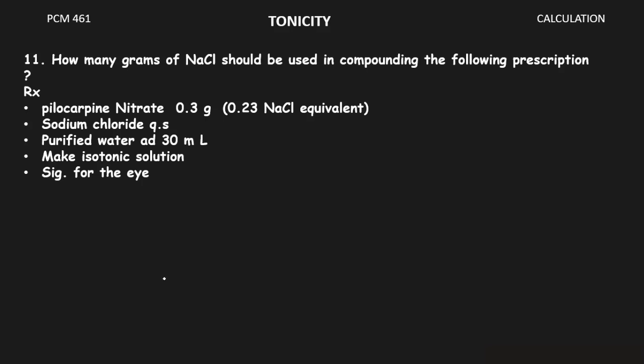Now, it's an ophthalmic solution, of course, so it will have a tonicity of what? 0.52, which is equivalent to 0.9% weight in volume of sodium chloride. Now, how many things are you using for this preparation?